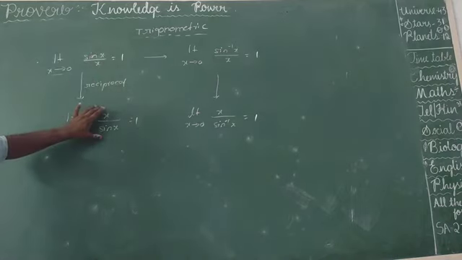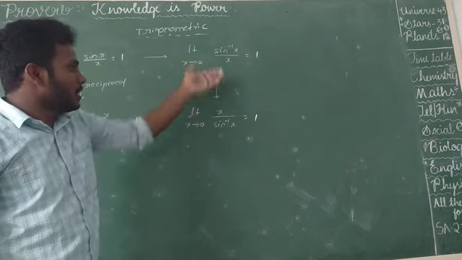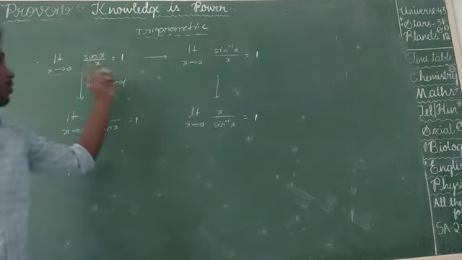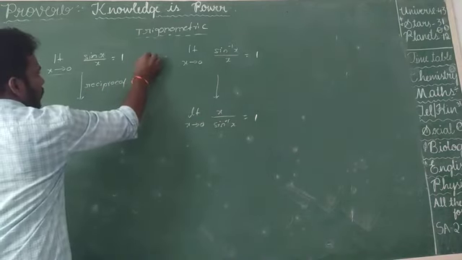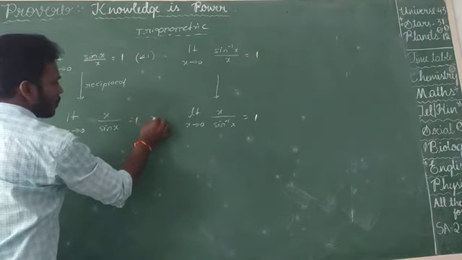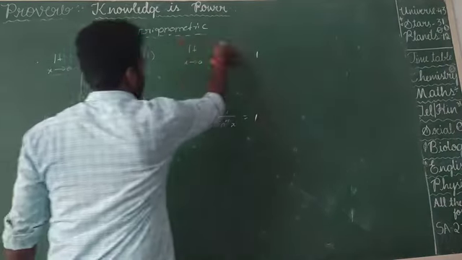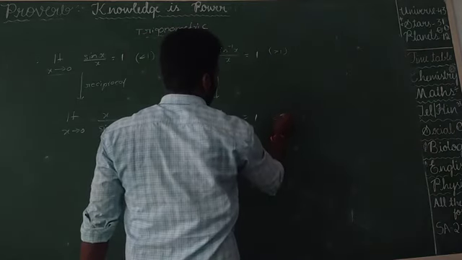So this value is more than 1. This value less than 1, its inverse more than 1. This inverse less than 1. So this value less than 1, the reciprocal of this one is more than 1. It is again more than 1. This one less than 1.